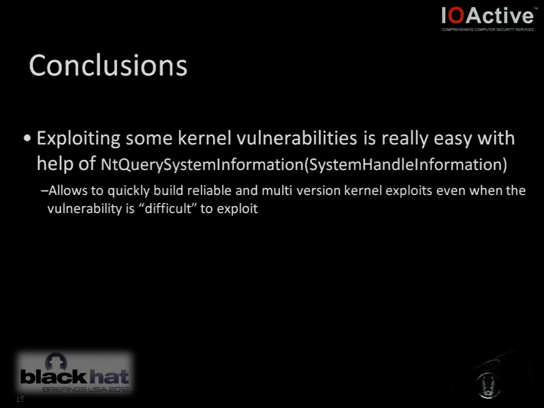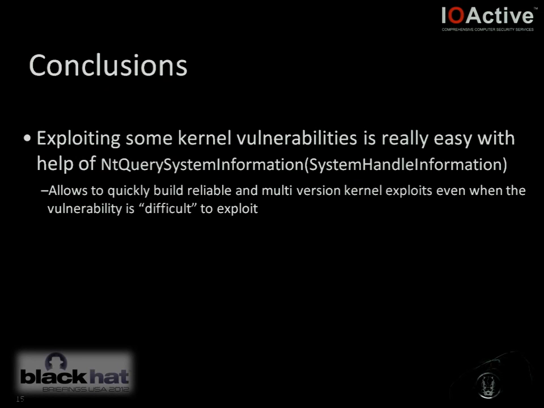So some final conclusions: like I said, it's really simple. Just call NtQuerySystemInformation, locate the kernel address, and just write a value at the proper address and instantly elevate privileges. It's just one write. You don't have to run any code in kernel, and that's it.